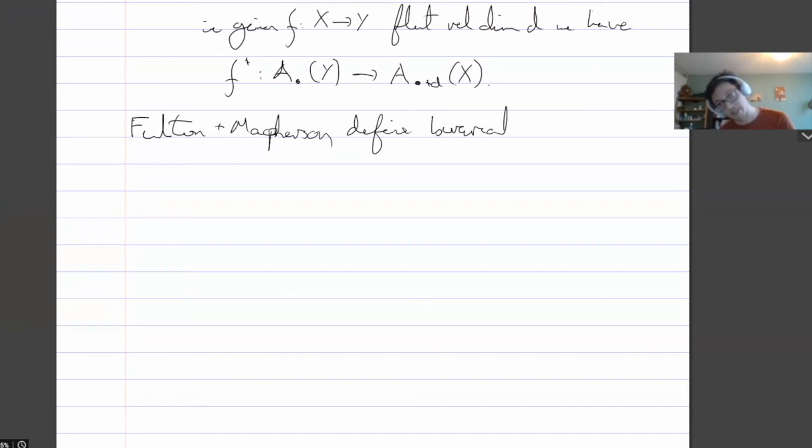So if you think about these as being, in some sense, homology groups, these bivariant theories are going to be, in some sense, the corresponding cohomology theory. But the analogy is somehow a bit more subtle than that. So what does this mean?